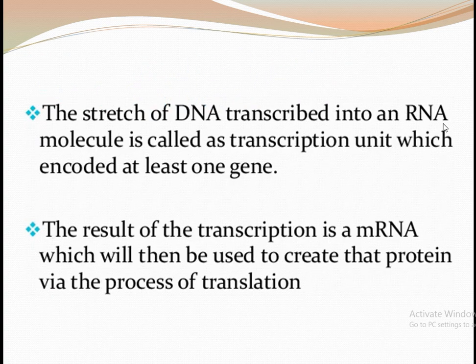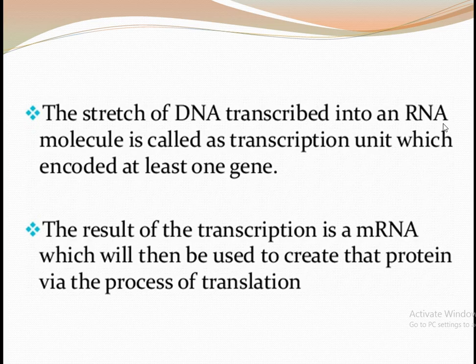The stretch of DNA transcribed into an RNA molecule is called a transcription unit, which encodes at least one gene. The result of transcription is an mRNA, which will then be used to create the protein via the process of translation.